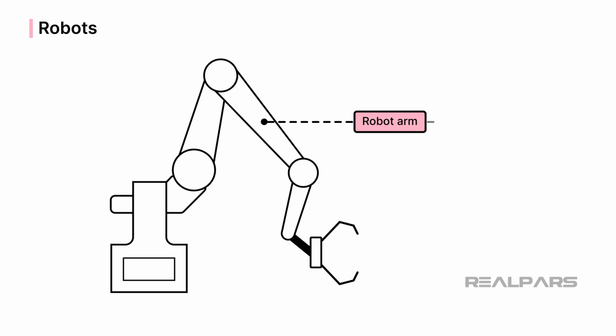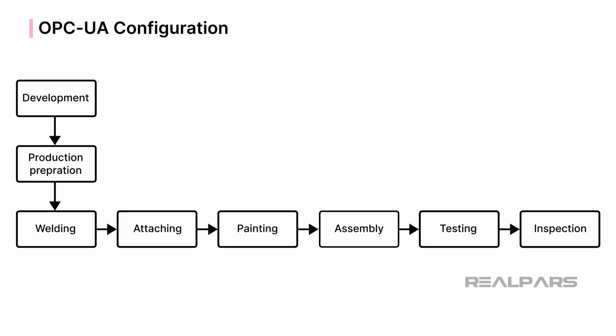Controlled by PLCs, or programmable logic controllers, these robot arms can execute these tasks precisely. Their actions need to be synchronized to prevent collisions and ensure efficient assembly as the vehicles move down the assembly line. But what coordinates this intricate dance of sensors, devices, and safety measures?